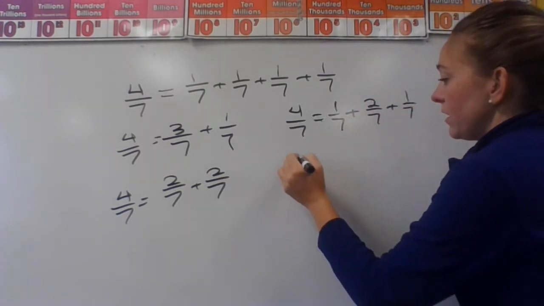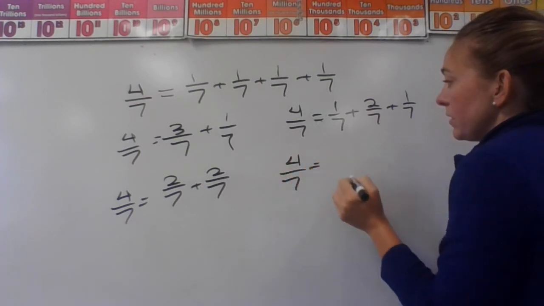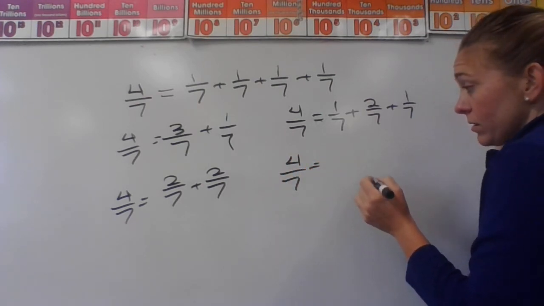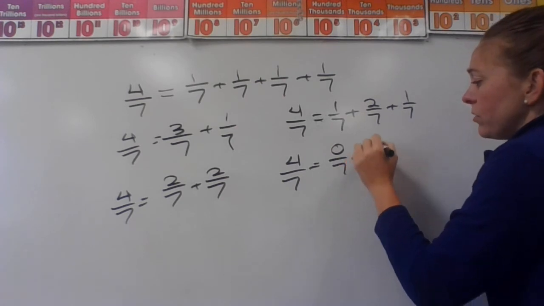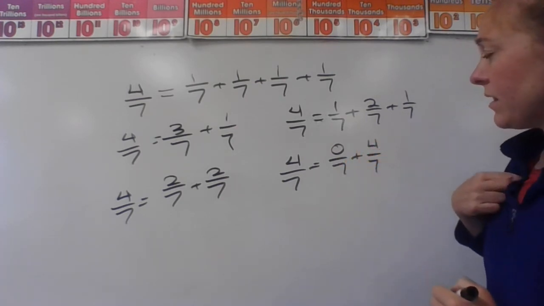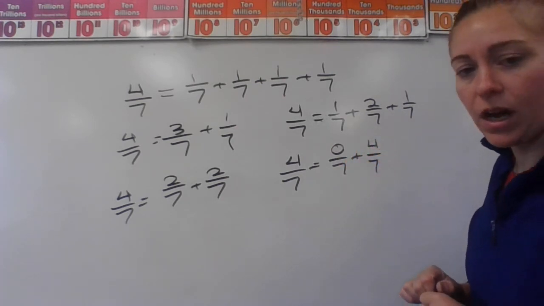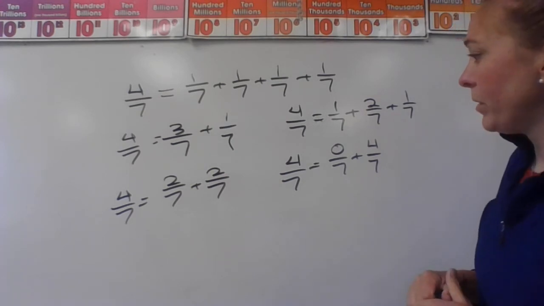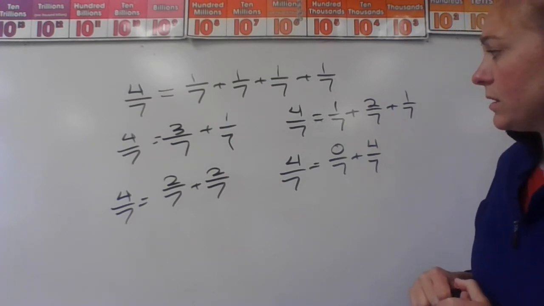Or you could have said 4/7 equals, what else? 0/7 plus 4/7. I can't think of anything else because 4 doesn't have as many options as 6 does. But maybe you came up with some that I didn't.